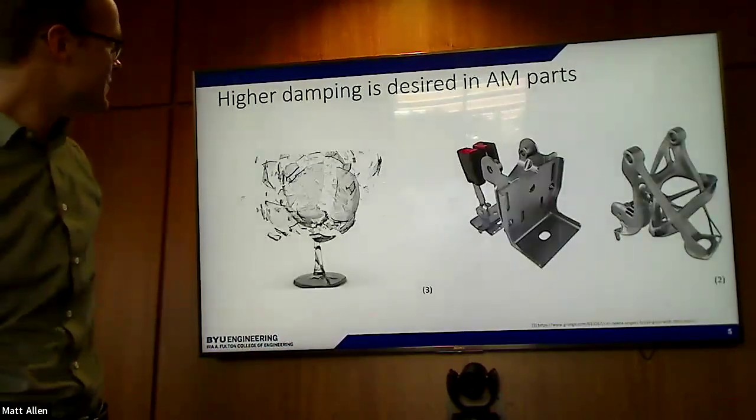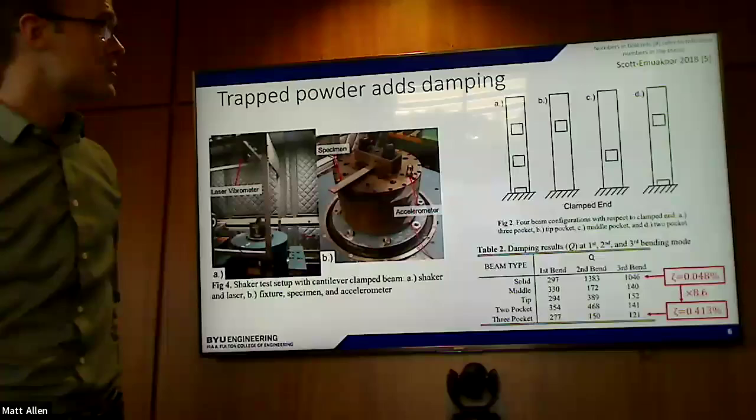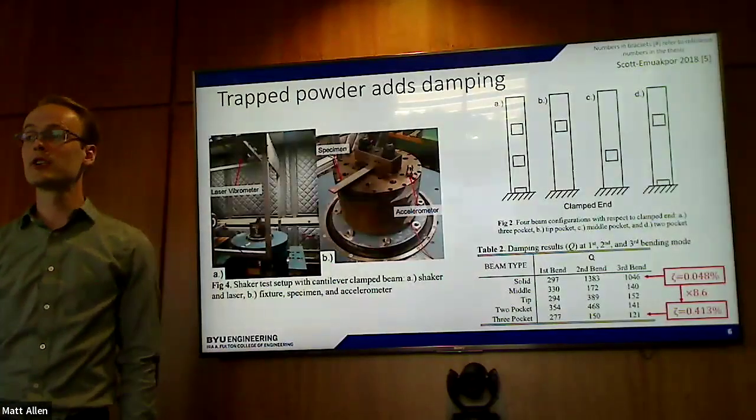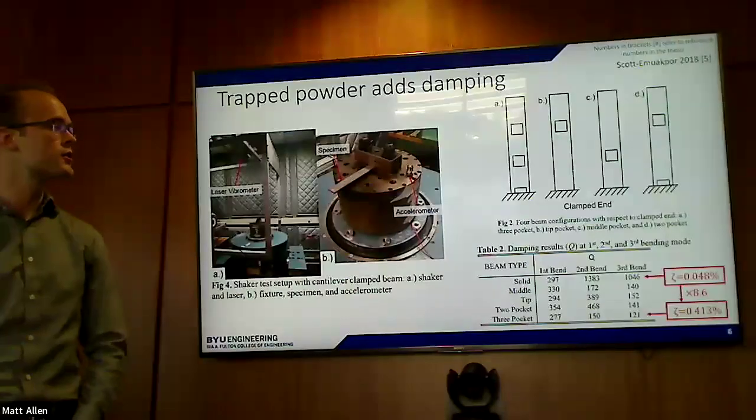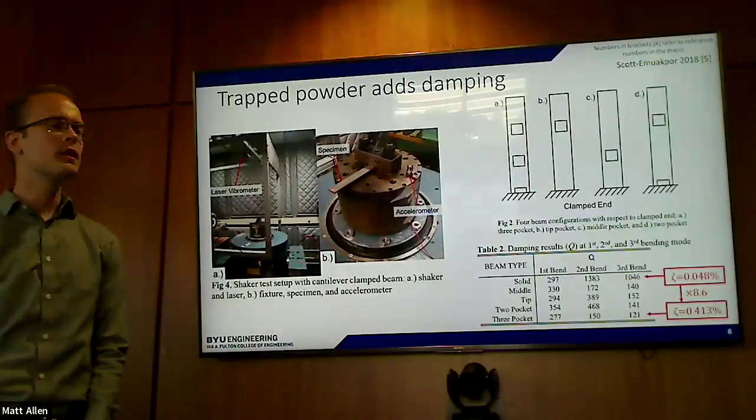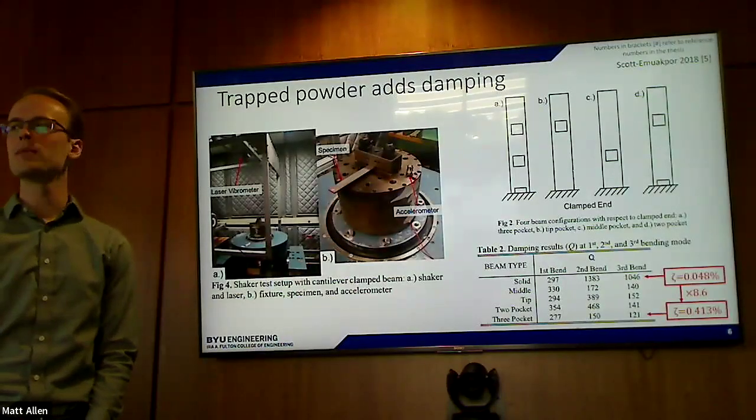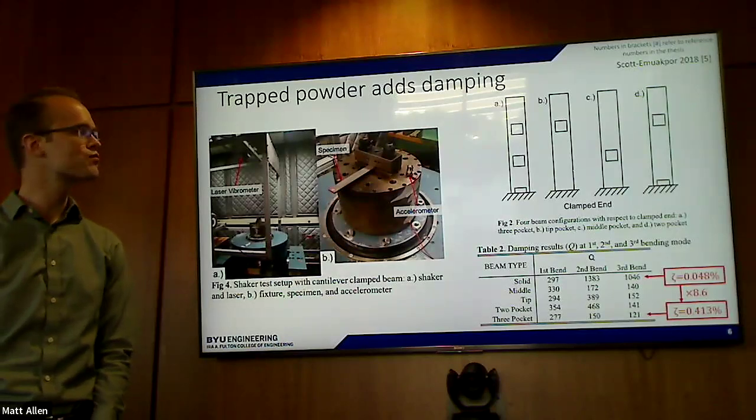Okay, great. Yeah, so people have been looking into ways to increase the damping of additively manufactured parts. And one technique that was proposed a couple years ago that started to draw attention is intentionally leaving pockets of trapped unfused metal powder on the inside of your part.